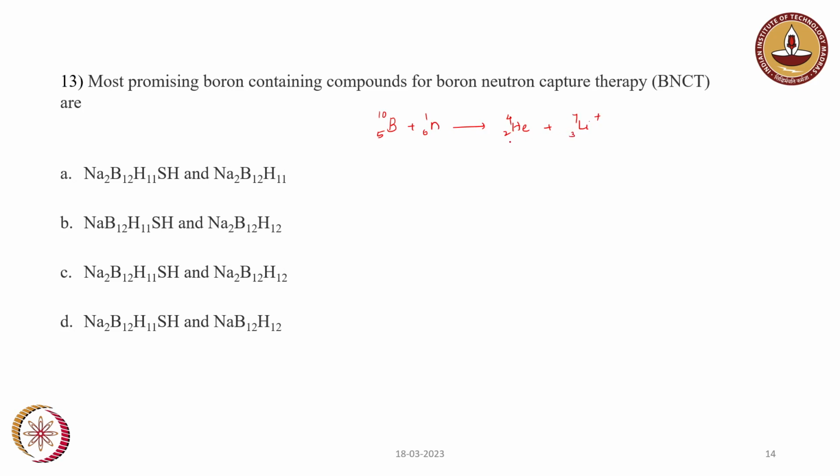So the boron containing compounds used for this purpose are polyhedral borohydrides like Na2B12H11SH and Na2B12H12. So option C is the answer.